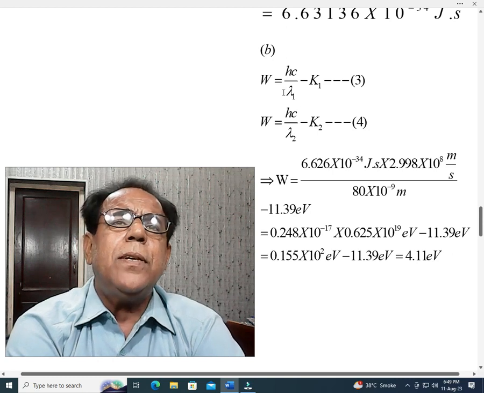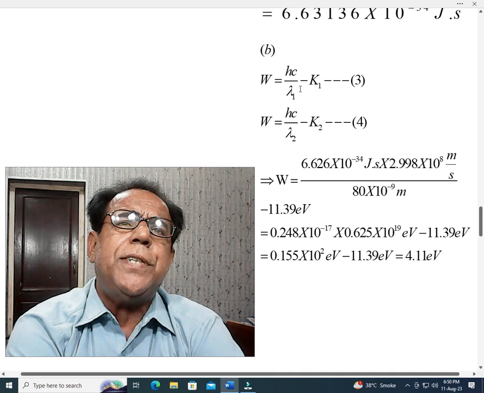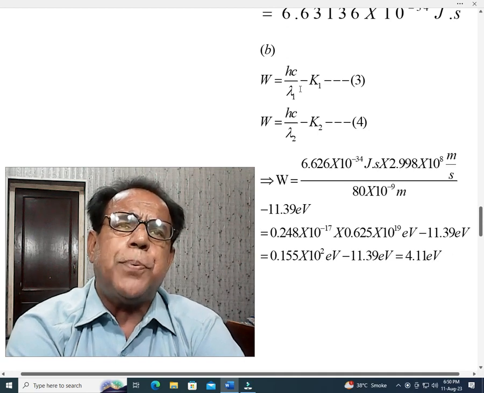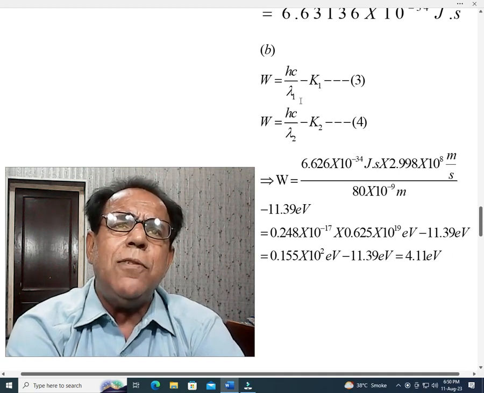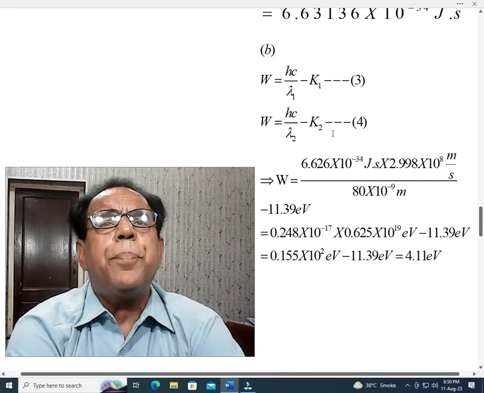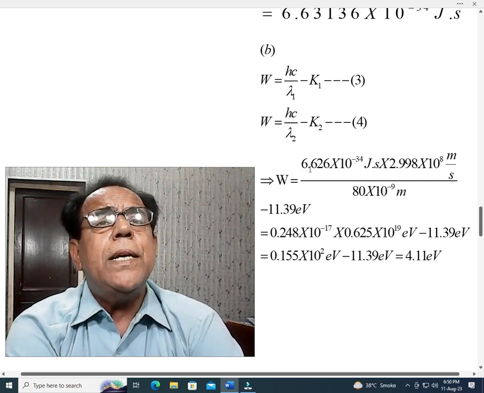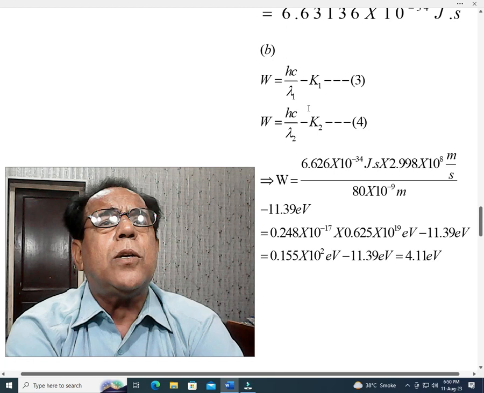Otherwise, calculation according to equation number 3 is quite sufficient to solve the problem, but we will solve by both 3 and 4, and we will see that both values are close to each other.